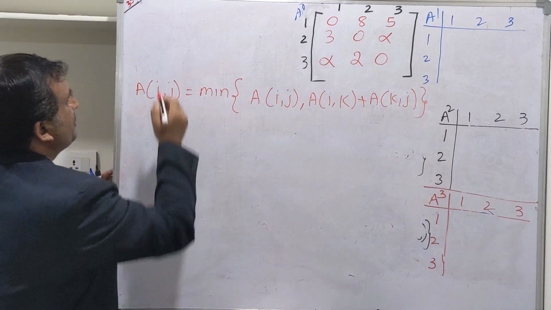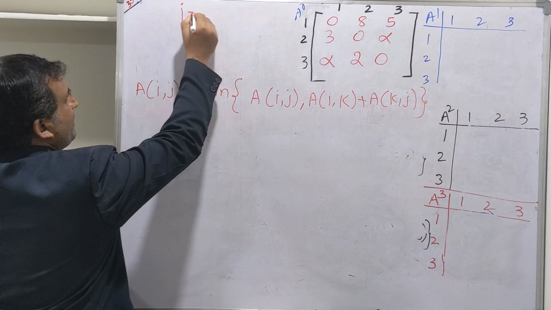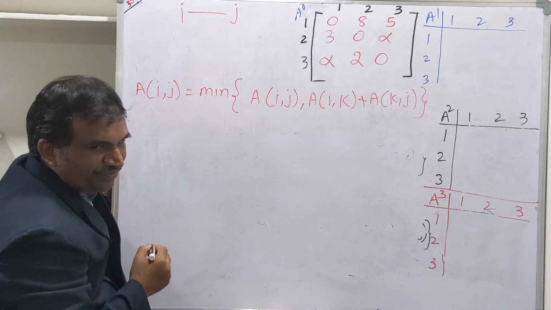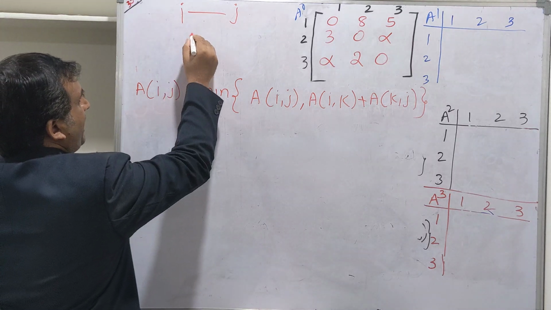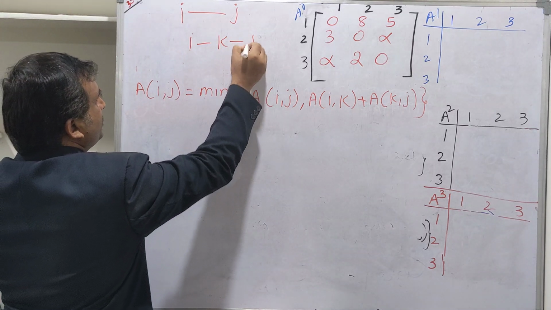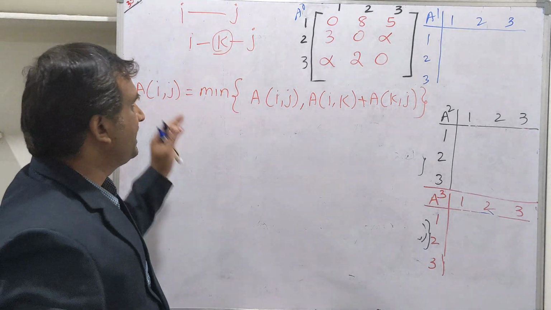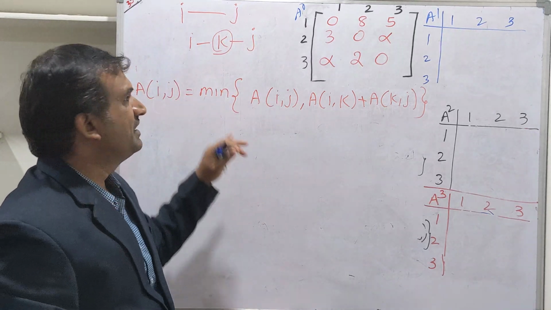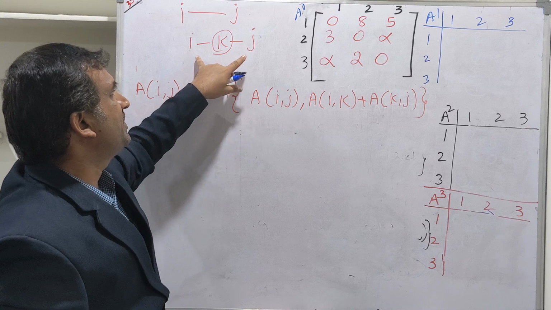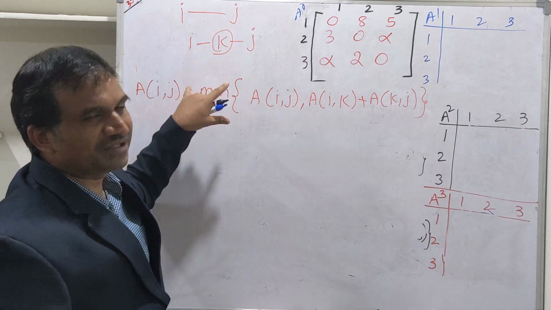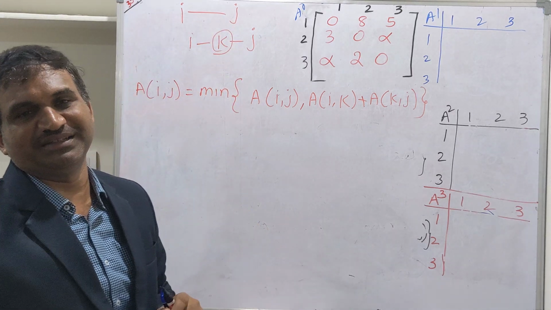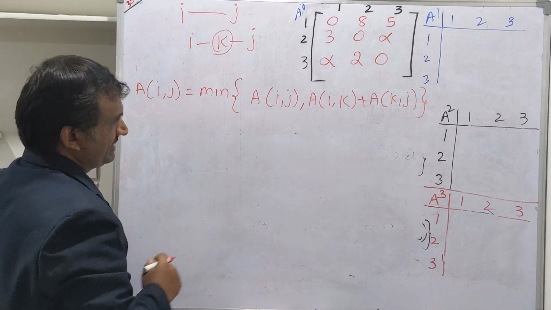So here we are simply doing what? Instead of traveling from i to j, we are calculating the cost from i to k and k to j. So k is an intermediate vertex. In each and every pair we want to check whether there is any difference between the direct path and indirect path cost. If there is, we will update it. Now let us calculate this.